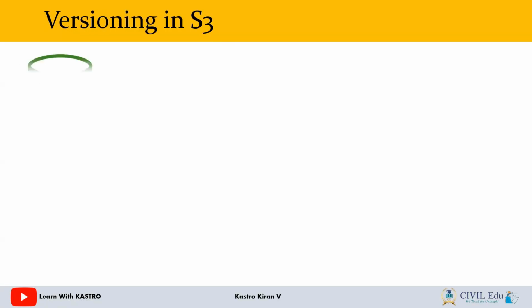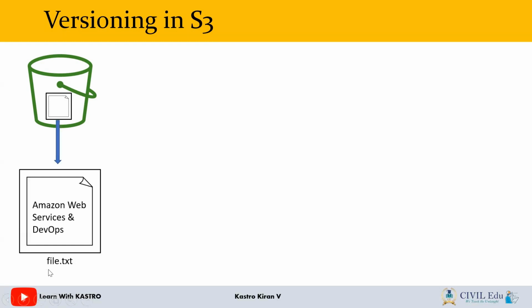Let's say I have created one S3 bucket, and in this S3 bucket, I have uploaded an object, and the name of the object that I have given is file.txt. This is the name of the file, or you can say the object, that I have uploaded into the S3 bucket. Inside this file.txt, I have written some content: Amazon Web Services and DevOps.